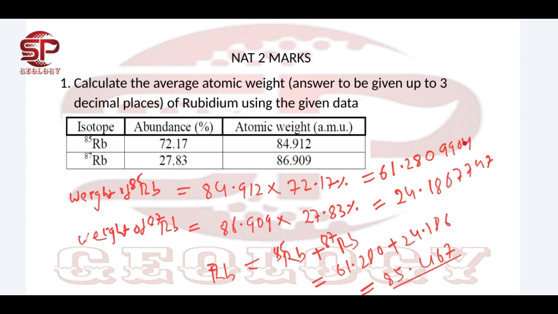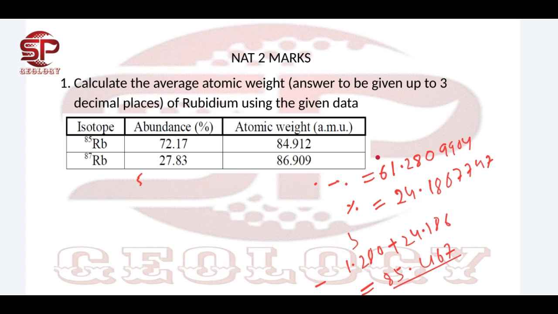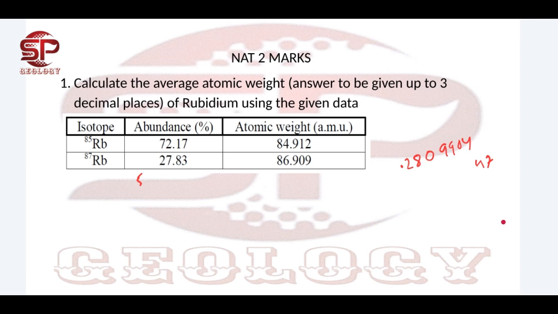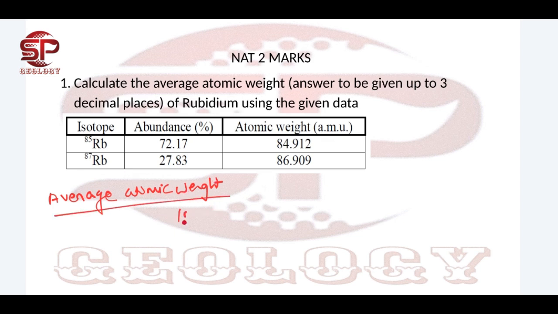So how do we calculate the average atomic weight? You can write it down this way: average atomic weight is the sum of isotopic abundance into atomic weight.